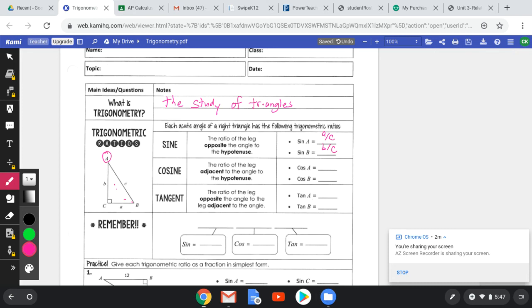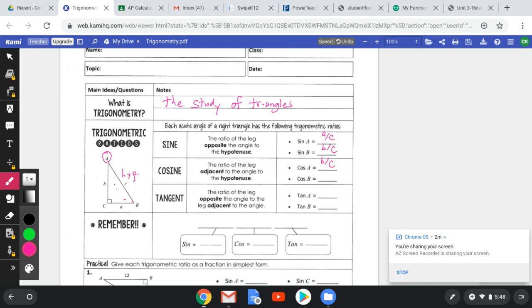However, little c is the hypotenuse, so that's always going to be the hypotenuse. Even though technically it's adjacent to big A, being the hypotenuse supersedes it. So the adjacent side to big A is little b over the hypotenuse.